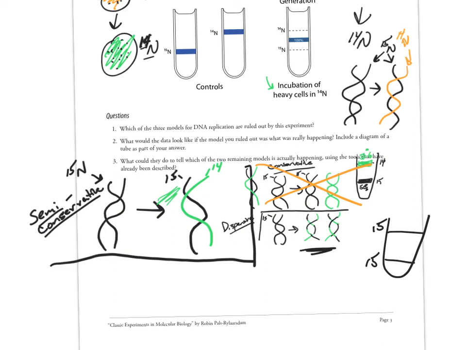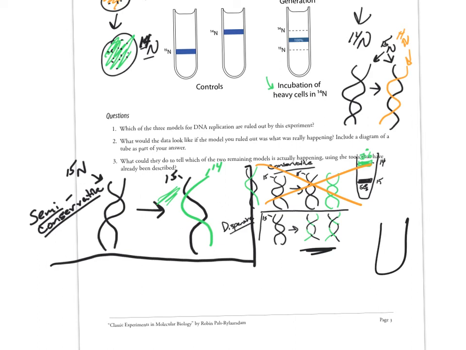Well, you'd expect it to be here in between 14 and 15, right in between the two. So that's what you'd expect to see if you had the dispersive model.